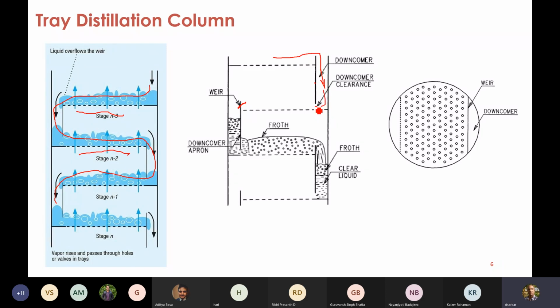Then the liquid flows across the plate, and you see there is an obstacle here, which is known as the weir. This helps you have a liquid pool of this depth, so that vapor can pass through a pool of liquid which is actually flowing like this. So up to this level, a liquid height will be maintained. It flows through this downcomer and then passes like this.